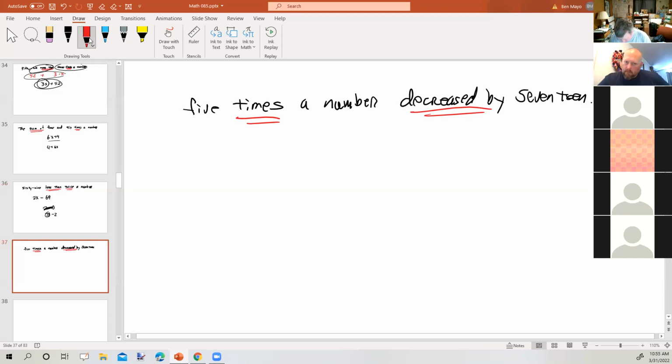Multiplication. Good. And decreased by, what operation? Subtraction. So 5 times a number, the number would be x, decreased by 17. So 5x minus 17.